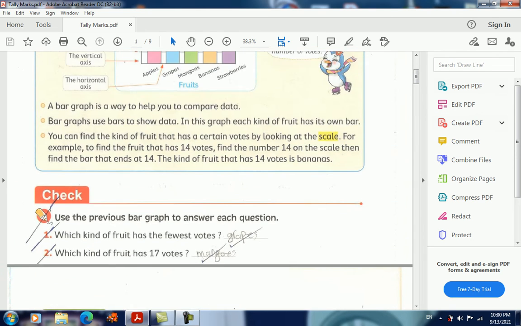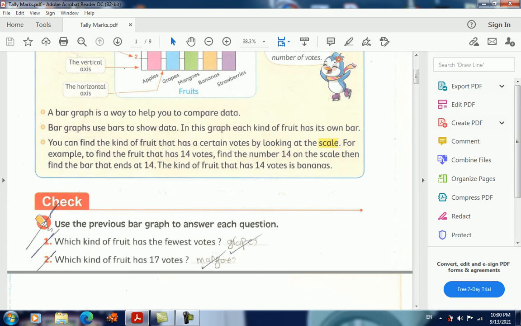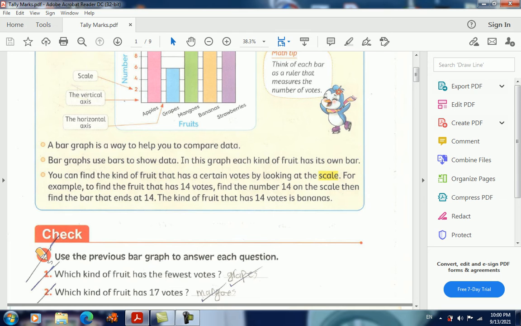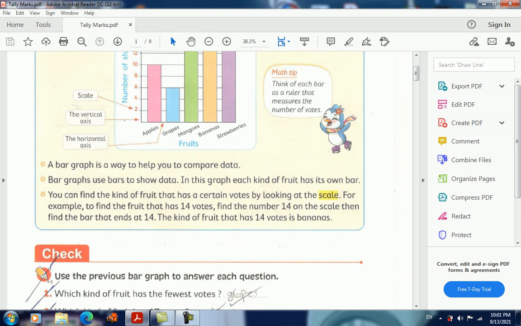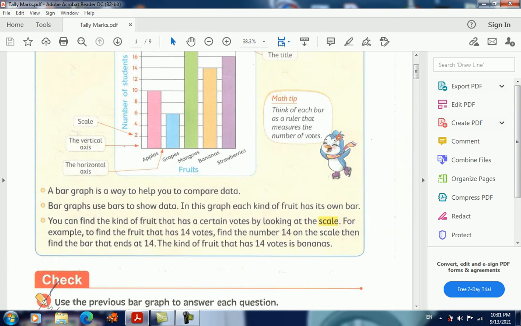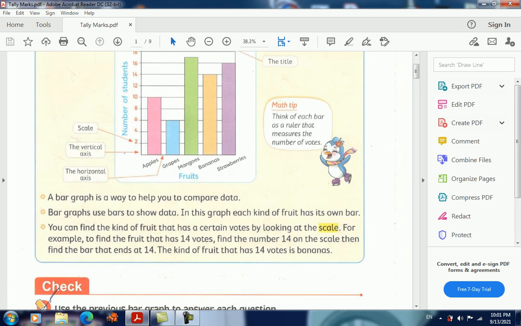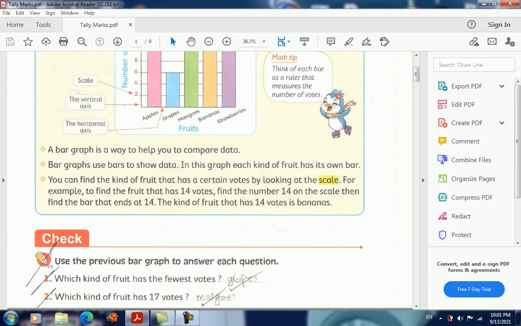Now, for the check, they said to use the previous bar graph to answer these questions. Number one, which kind of fruit has the fewest votes? The shortest bar has the cyan color, which is a light blue. This is the grapes. It ends at 6. So grapes have the fewest votes.